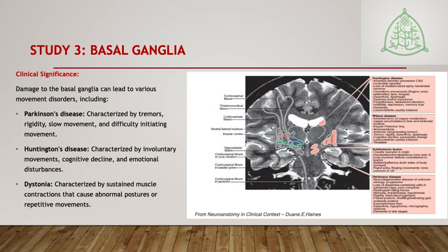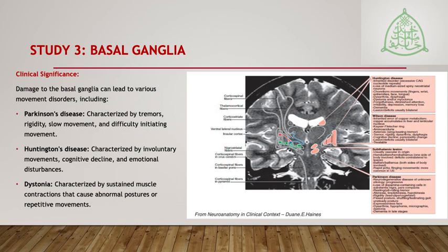However, Huntington disease is characterized by involuntary movements, like reflex and jerking, cognitive decline, and emotional disturbance, because you remember the location of the structures relates to the amygdala as well. Huntington's is, like I said, more of a hereditary condition, and the manifestation is very early in life. Even people younger than teenagers can get it.